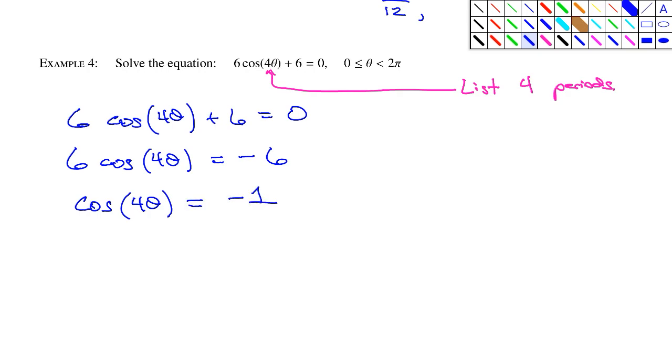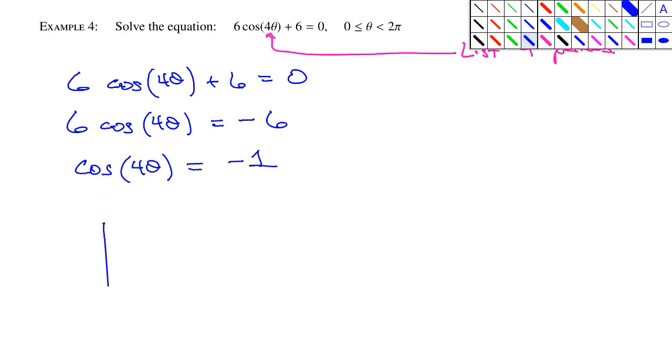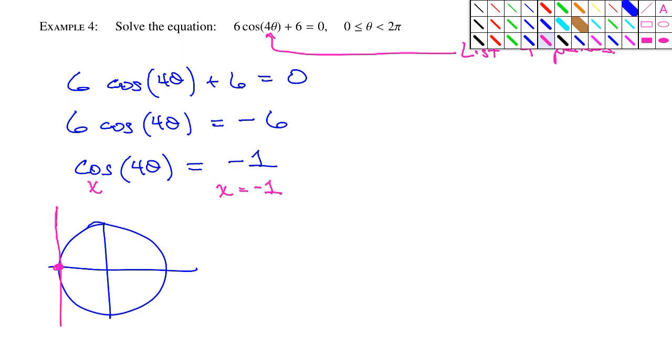Once you get down to the trig function of the angle is equal to a number, that's when you can look at the circle to see where the solutions should be. Cosine is the x-coordinate, so I need the x-coordinate to be equal to negative 1. That happens in one spot on the unit circle, at theta equals pi.